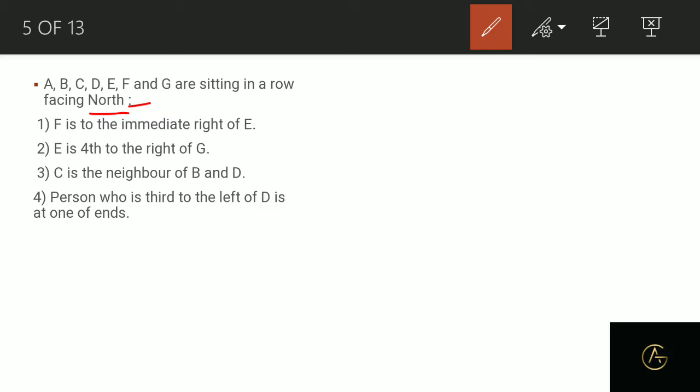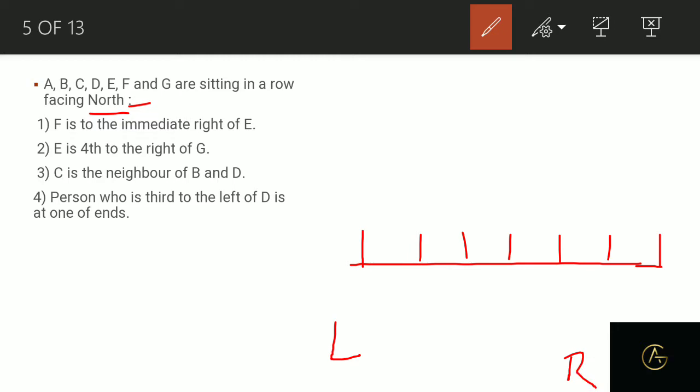So let's make a diagram. There are 7 people: 1, 2, 3, 4, 5, 6 and 7. This way will be left and this way will be right. For your better understanding, I have written left and right.